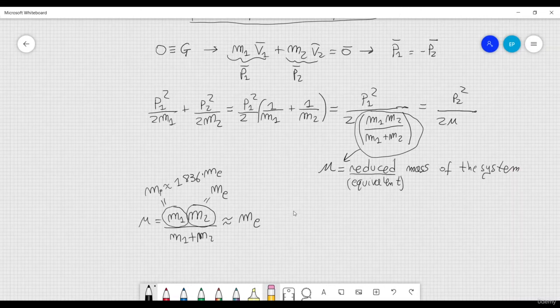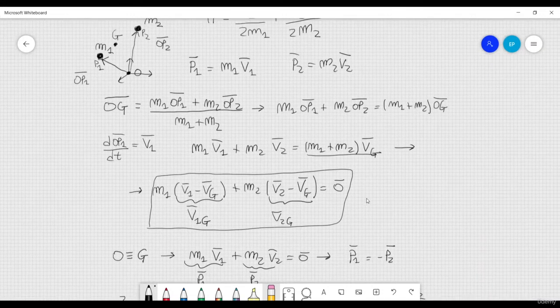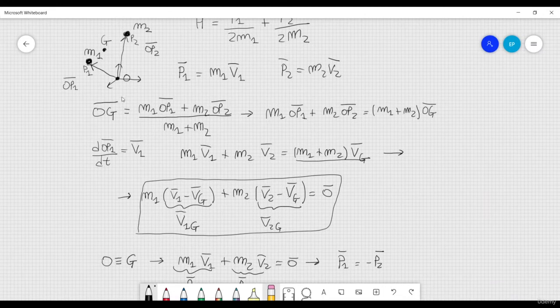And this basically means, if you also take a look at the expression for the center of gravity, the center of mass here, this basically means that OG is approximately coincident with OP1.